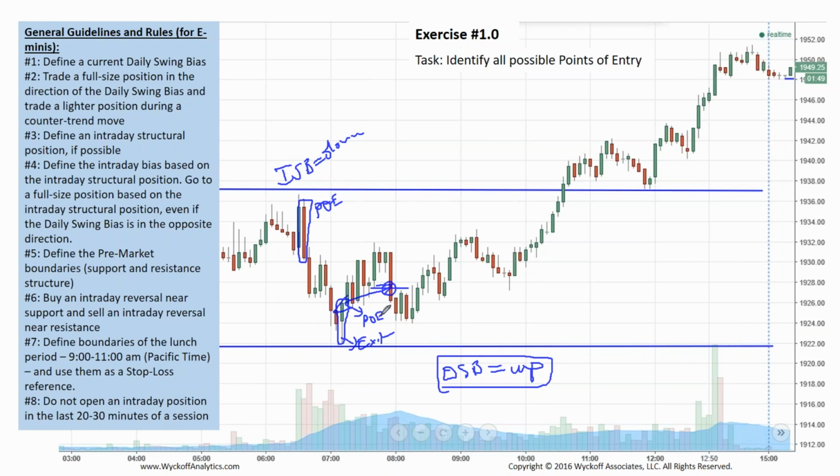The structural buys is to the upside, with the daily swing. So my reversal is going to be somewhere in this area, probably this bar right here, or these two bars. And I'm just going to the upside until I hit maybe this area right here. So here's my next trade.